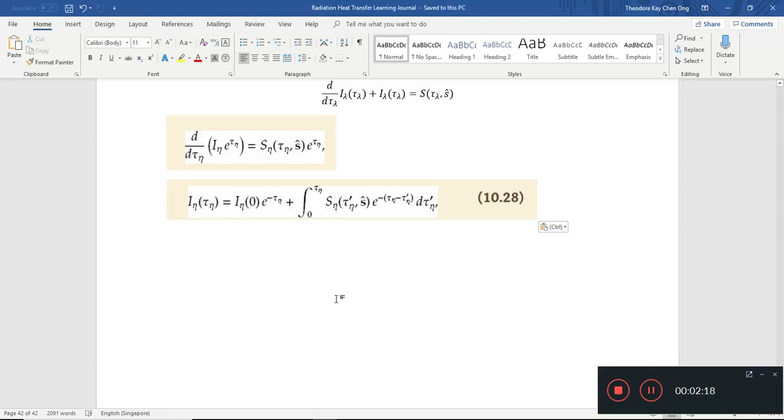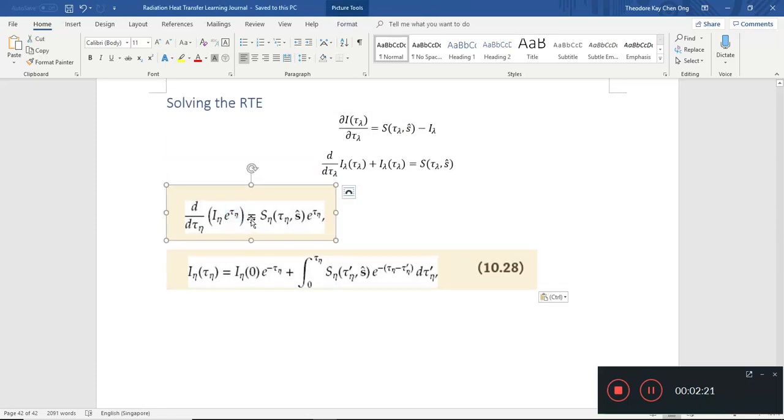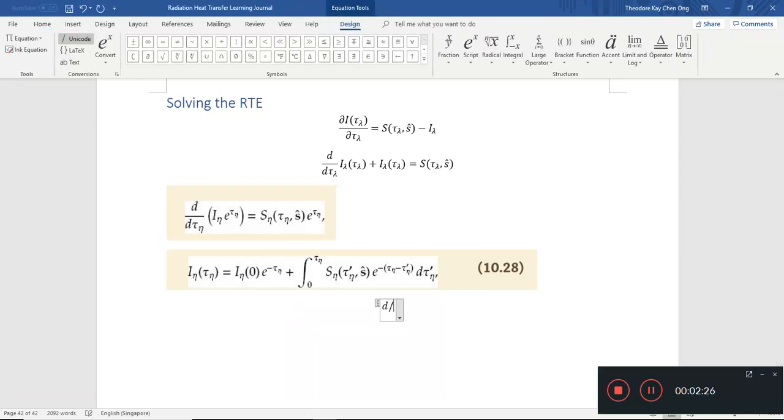So I'm just going to copy this down. Hopefully you know where this comes from. It comes from multiplying both sides by an integrating factor. I use lambda instead of eta, lambda being the wavelength and eta being the wave number.